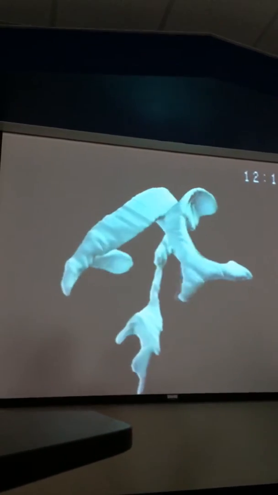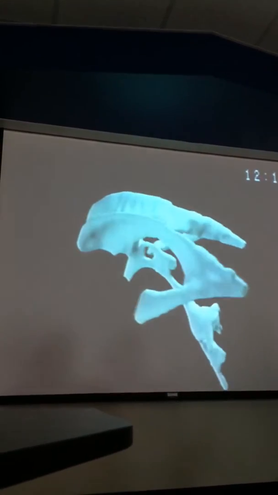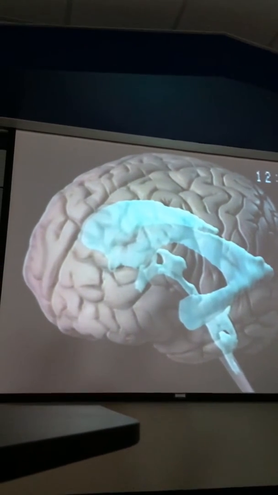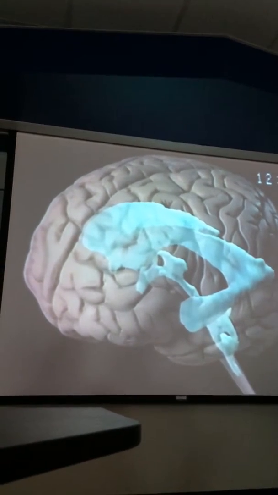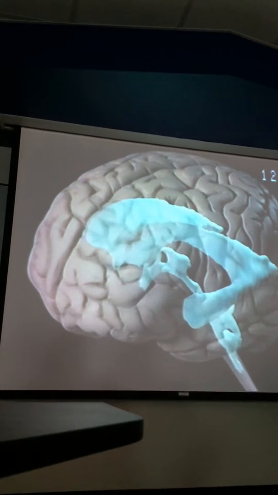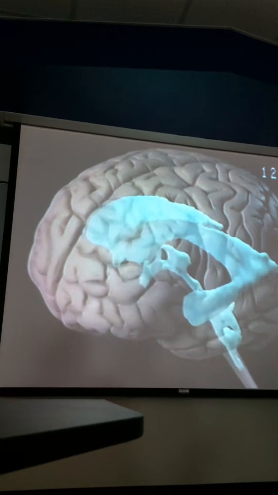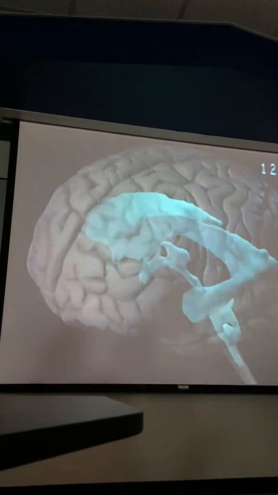The fourth ventricle is located between the cerebellum and the medulla, which narrows to become continuous with the central canal of the spinal cord. From here, some of the cerebrospinal fluid goes down the spinal cord. The rest spreads over the surface of the brain to bathe and protect it.